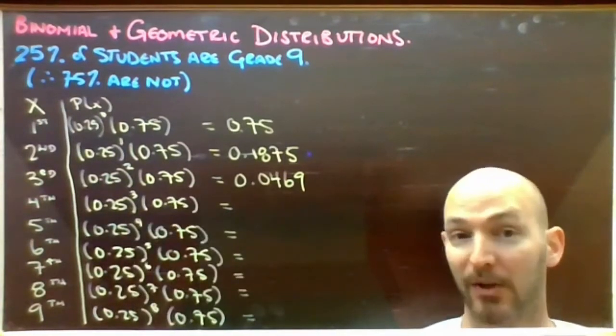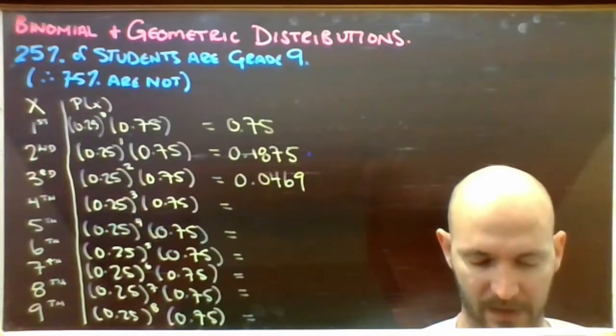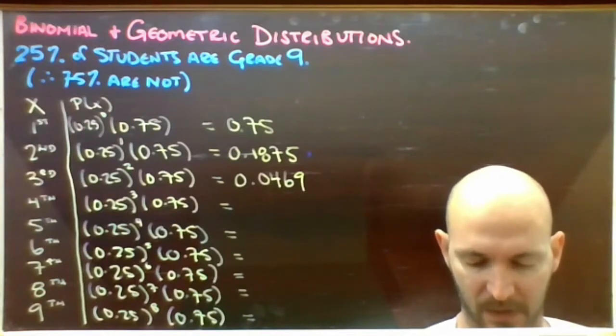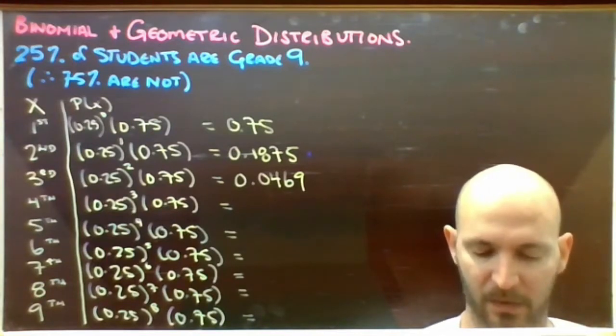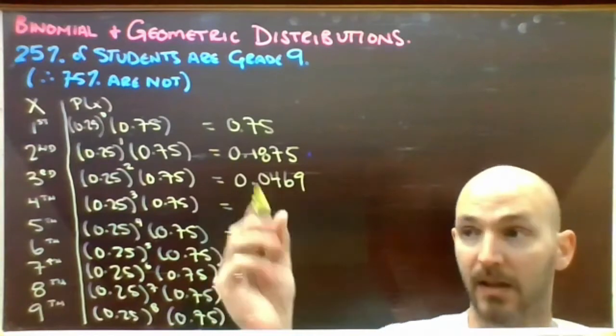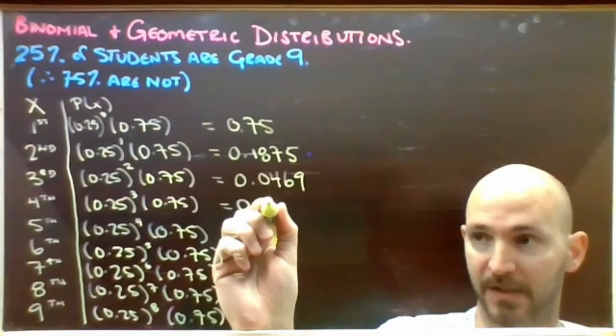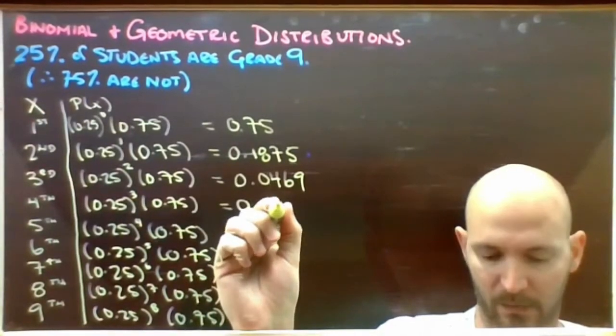I'm having some calculator rage right now. 0.15625 multiplied by 0.75 is 0.1171875. If I round it to 4 decimal places, I'm at 0.0117.